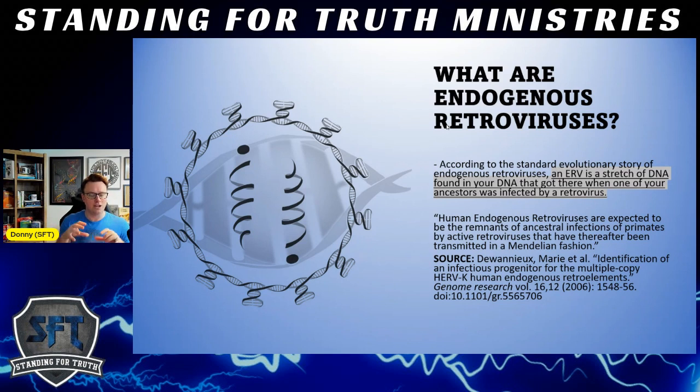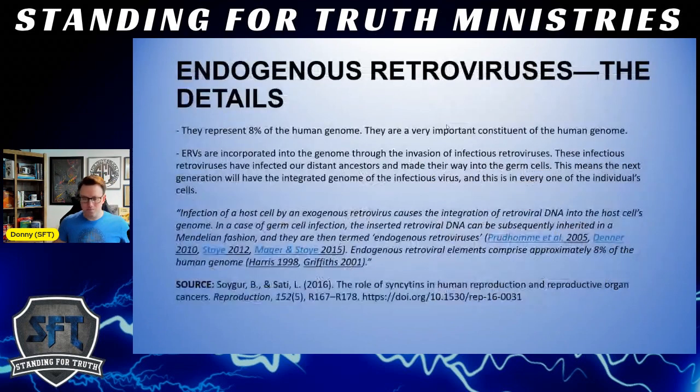And therefore, if an exogenous retrovirus invades, integrates in the right place, in the right way, in a germ cell line, that can be passed on. So if that's passed on vertically, rather than just horizontally, like you would find with something like HIV, then it can be passed on to progeny, to the next generation. And therefore, that ERV sequence will be found in every single cell within that organism, is how the story goes.